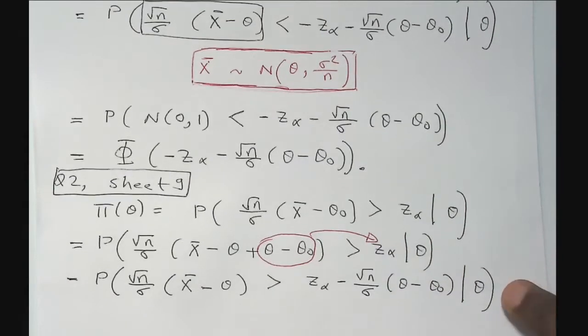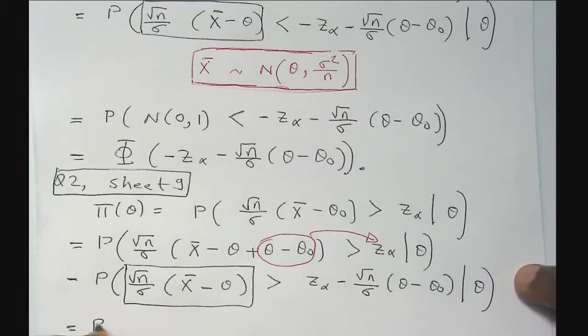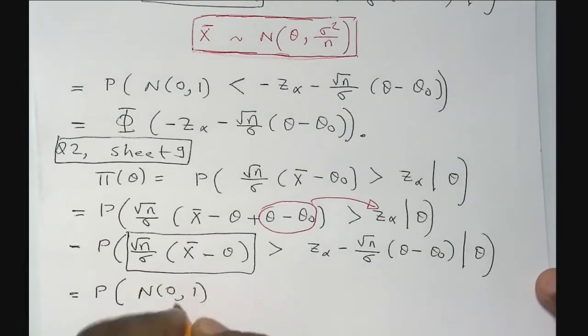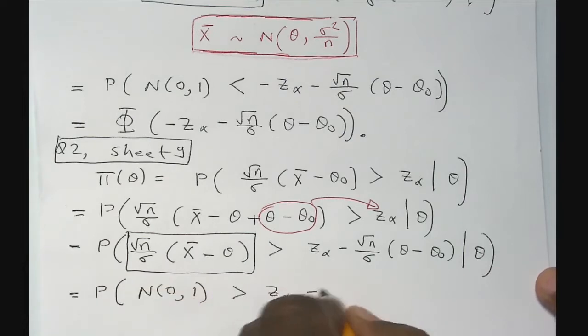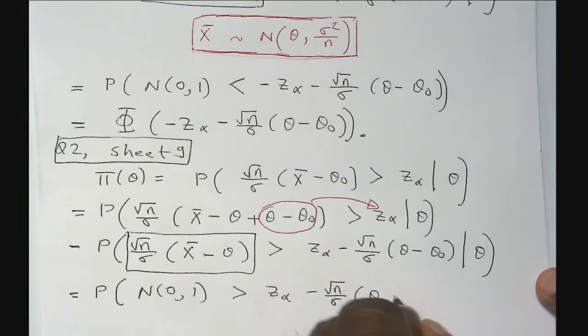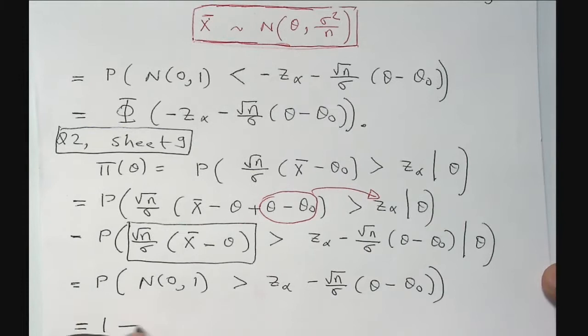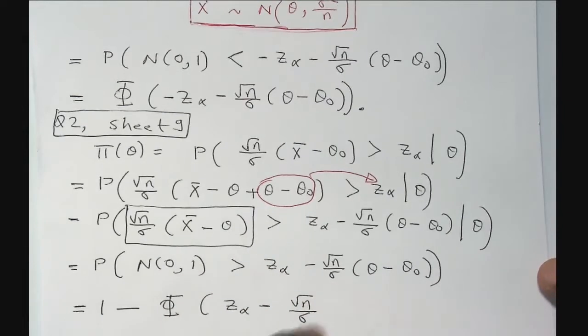Now, conditional on the fact that the true population mean is theta, this term must have the standard normal distribution. Therefore, this is the probability that a standard normal variable is greater than something, and you can write this as 1 minus Phi at z alpha minus the shift.